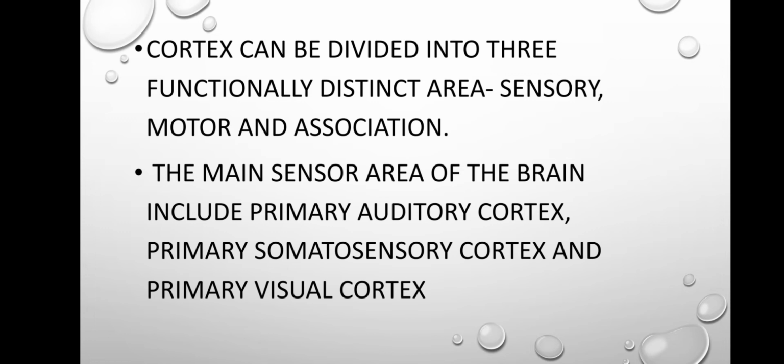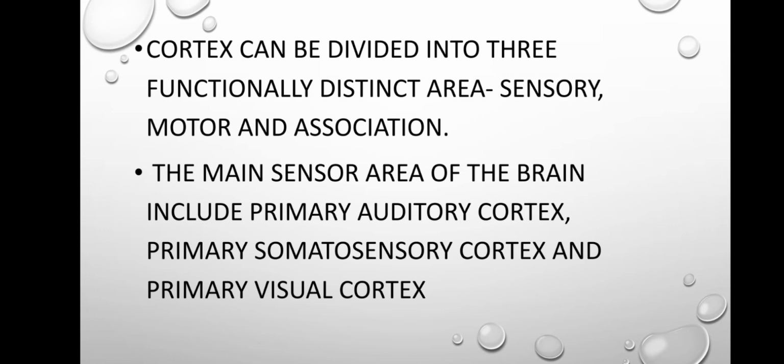Cortex of the brain can be divided into three functionally distinct areas: sensory, motor and association.